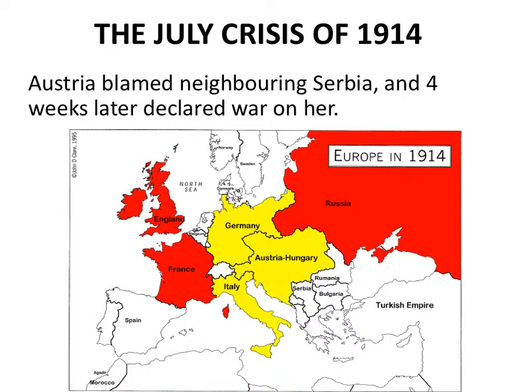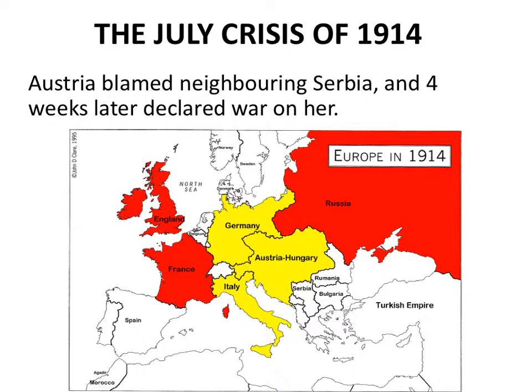The Serbian government said they did not sponsor that terrorist, who was acting independently, but nevertheless Austria said the terrorist was Serbian, so you are responsible for that.